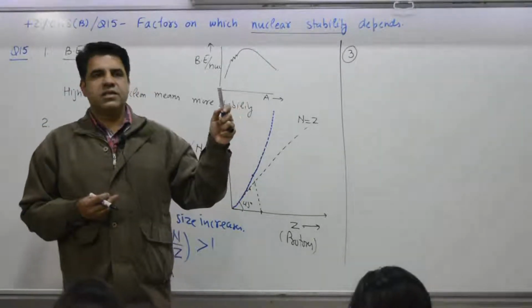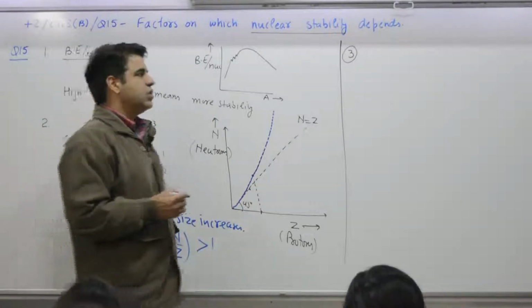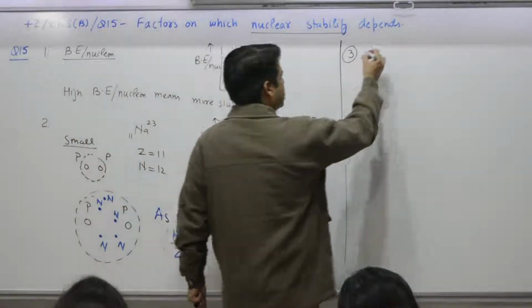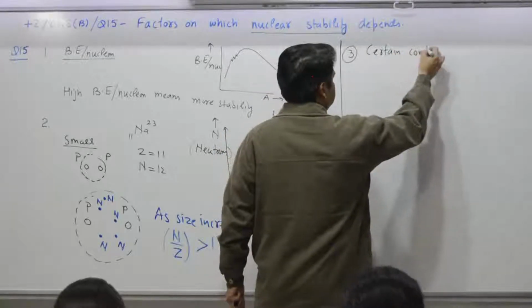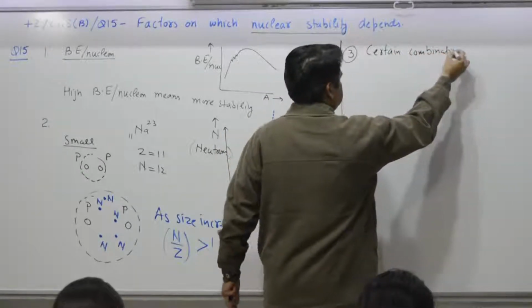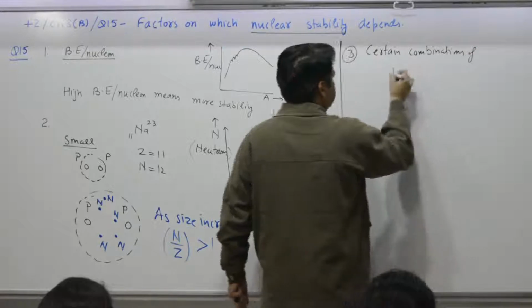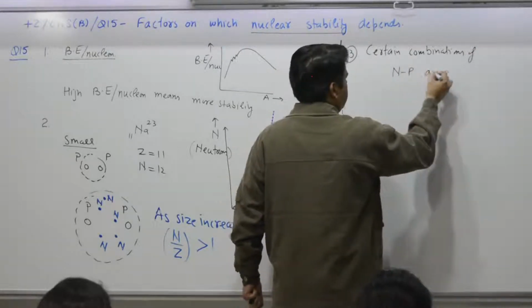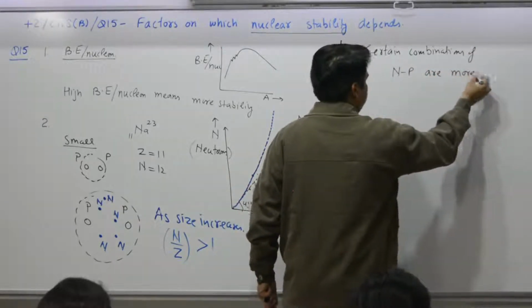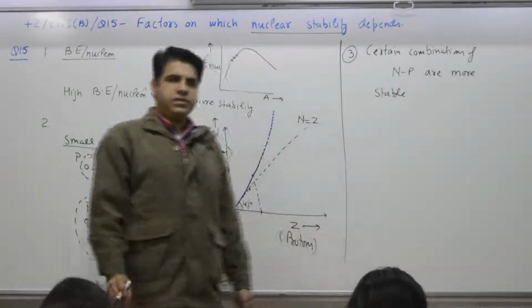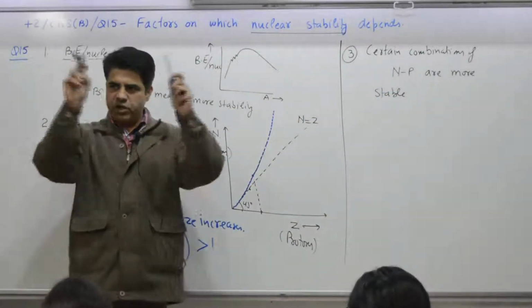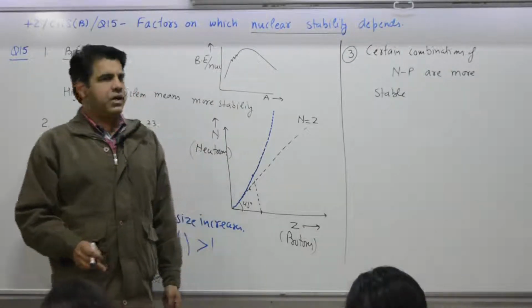Similarly, in the nucleus also, certain combinations are more stable. Certain combinations of neutrons and protons are more stable, and this is an observation from all the elements in the periodic table.